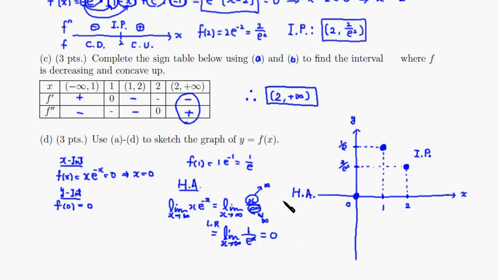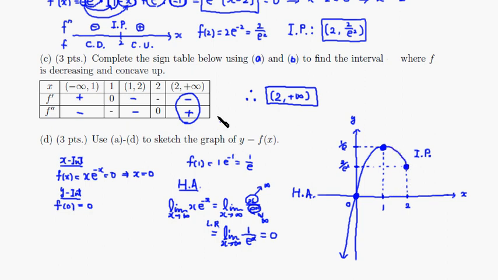So let's sketch the picture. It says that before 1, it's increasing and concave down. So here it's increasing and concave down, so it's going to look something like this. Between 1 and 2, it's decreasing and concave down, so it gets flat there, but looks like this.